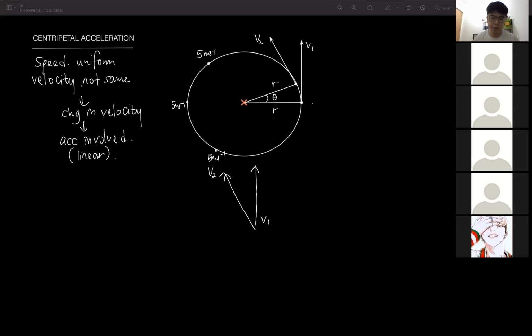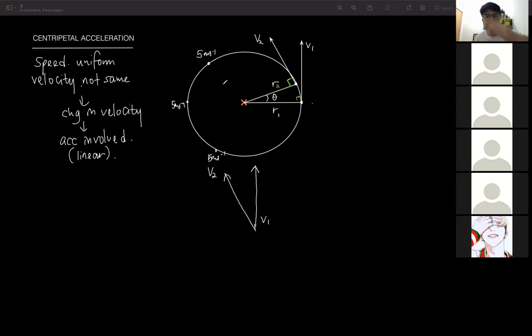Understand that this is the radius, radius line number 1, and v1, they are perpendicular, because of the tangent. And then after the angular displacement theta, the radius gets here, r2, and this r2 is perpendicular to v2.